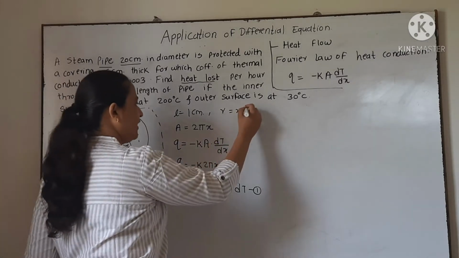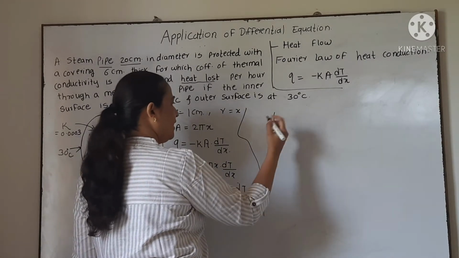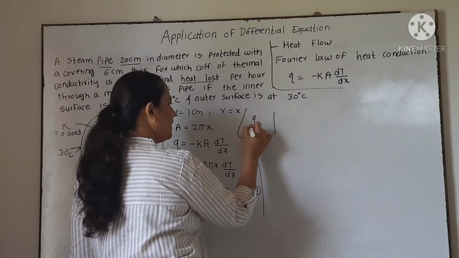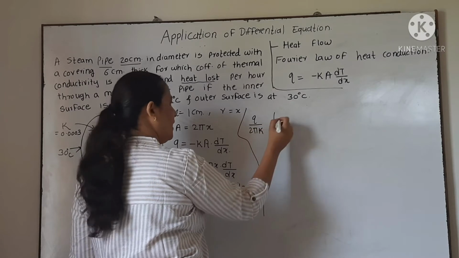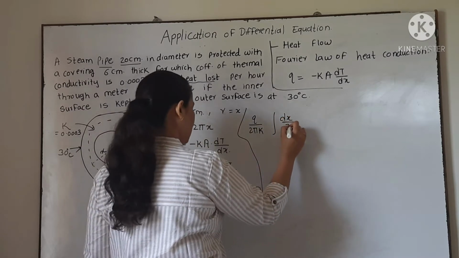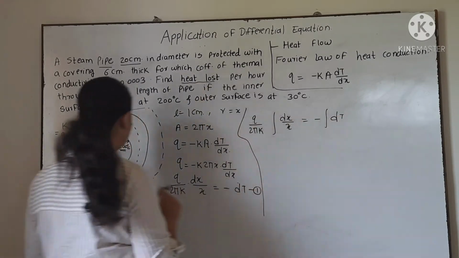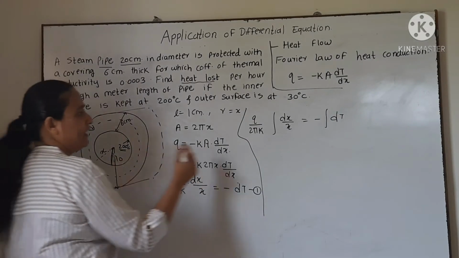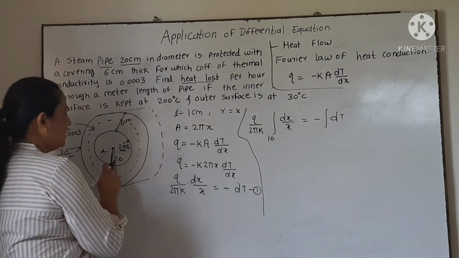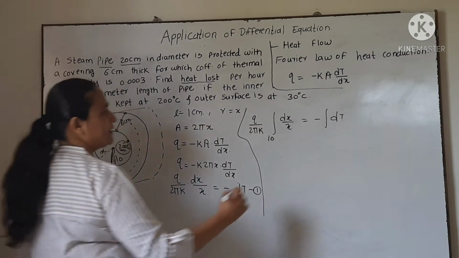So if I use the definite integral, say integral of Q upon 2 pi K, which is constant, dx upon x equal to minus integral of dT. Say inner surface where the radius is 10. That means when the radius is 10, the temperature is 200 degrees Celsius.